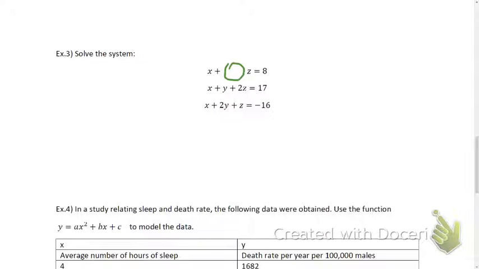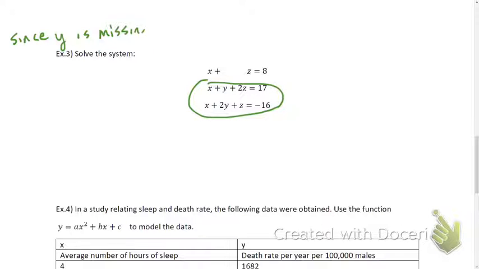They picked Y. So I need to pick 2 other equations, maybe these 2, and make Y cancel. So if you need to explain that to yourself, since Y is missing, make Y cancel from the other 2 equations.